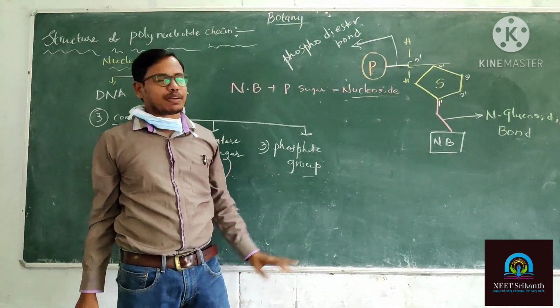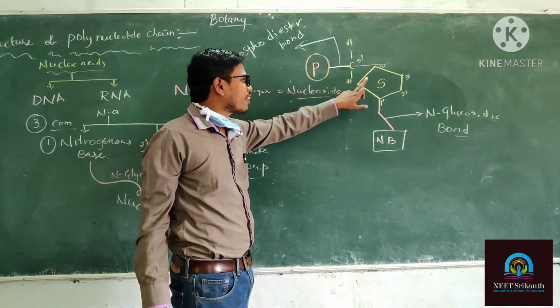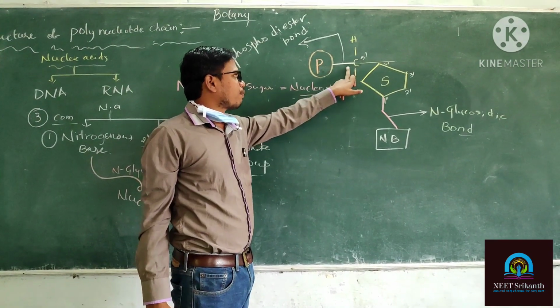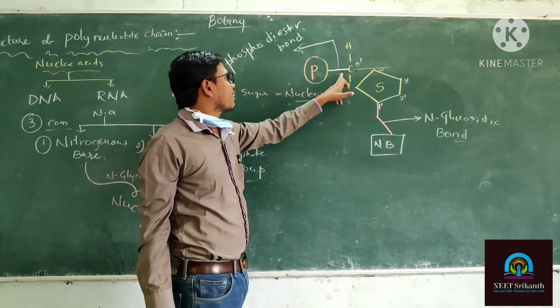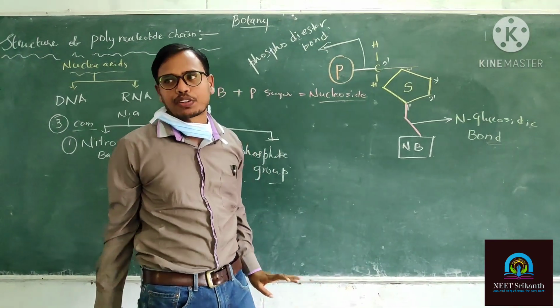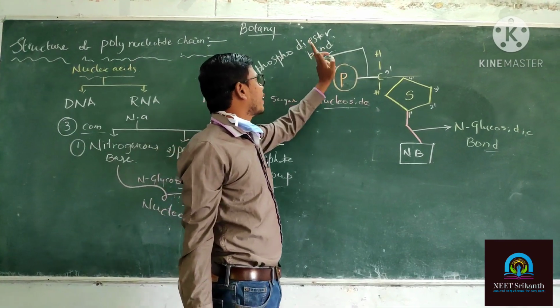The phosphate group is always attached to the pentose sugar at the place of the fifth carbon. Between the phosphate group and pentose sugar, the bond is called phosphodiester bond.